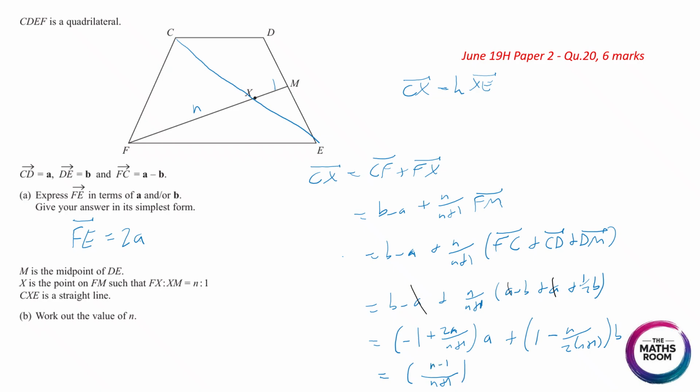Just make it a single fraction, guys. Lots of A. Same here. Denominator is now 2 lots of n plus 1, so 2n plus 2 on the bottom. Yeah. 2n plus 2 minus n is just n plus 2. Lots of B. So that is your vector CX.